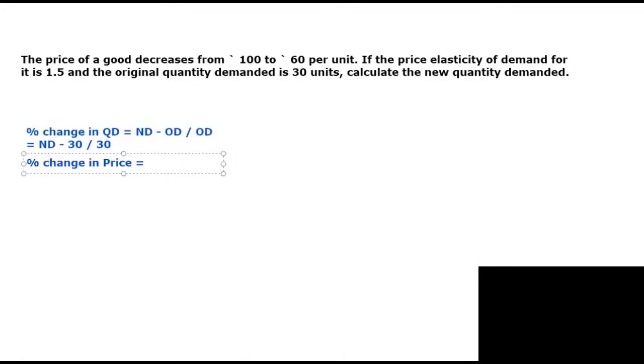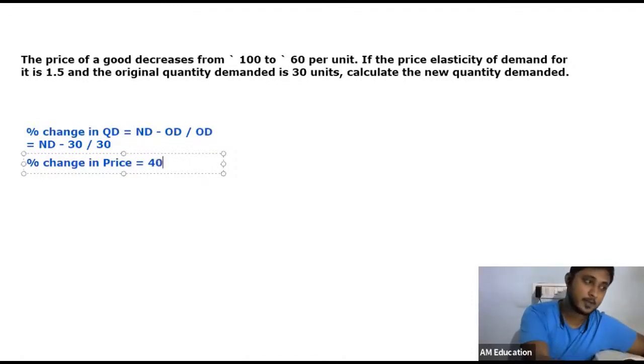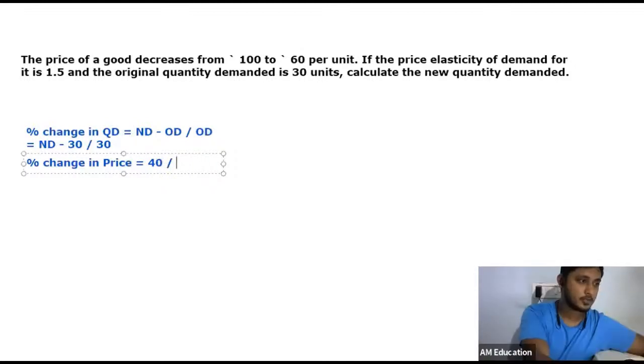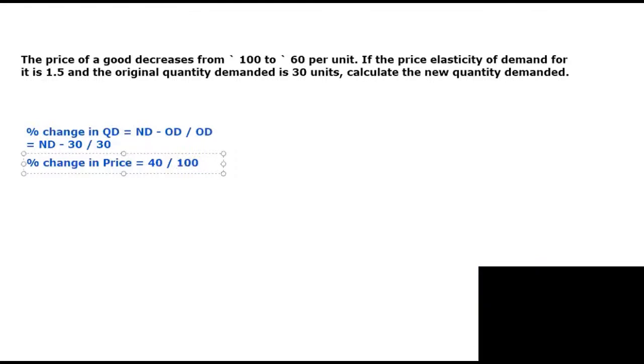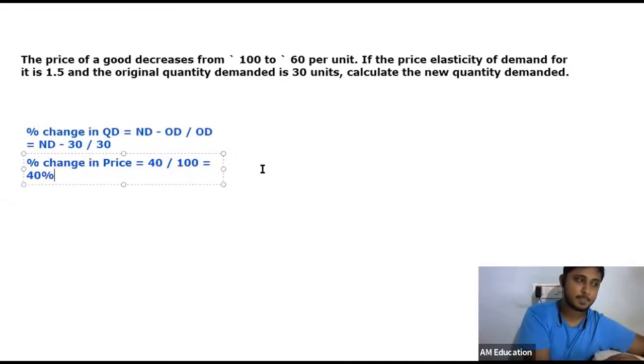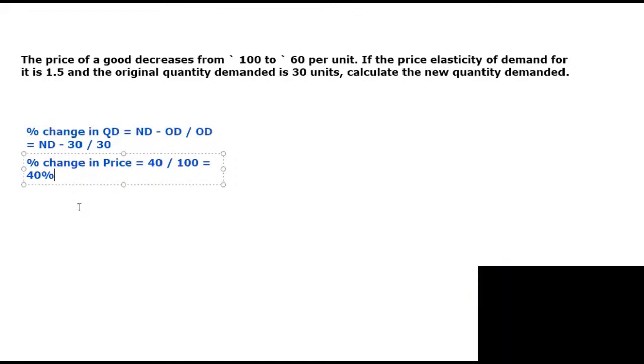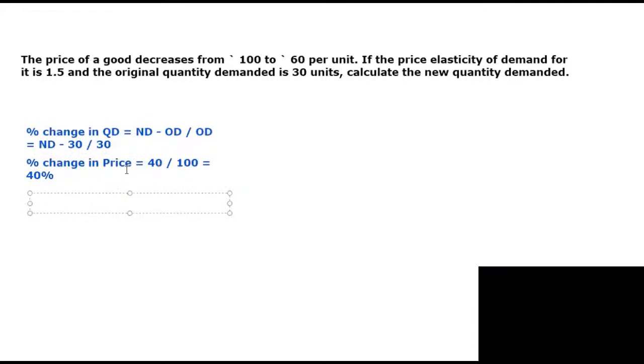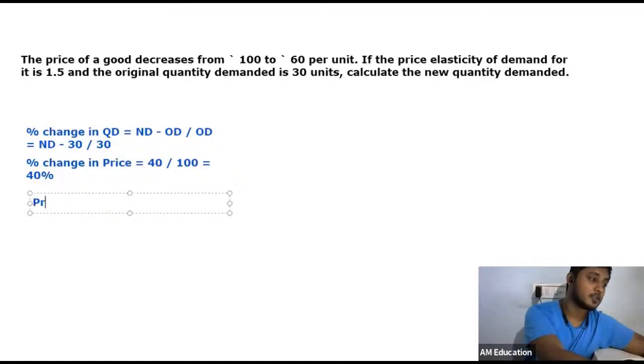What is the change? 40, right? 40 divided by 100, from 100 to 60. This is 40%. What was 1.5? The price elasticity of demand. Okay, the price elasticity of demand is 1.5. It's already given, no? I was asking the percentage change in price.